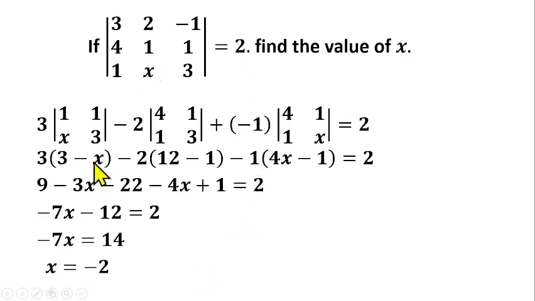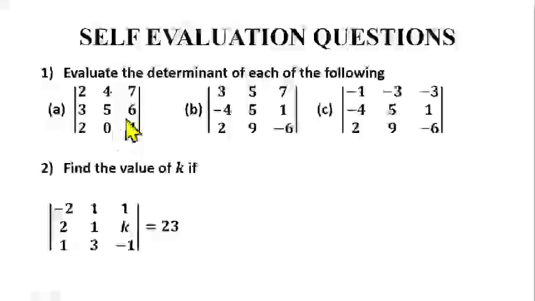So that is one of the implications, or one of the uses, of the determinant of a 3 by 3 matrix. If you understand how to find the determinant of a 3 by 3 matrix, these are questions for you to attempt by yourself. You have to find the determinant of this 3 by 3 matrix, find the determinant of this, then find the value of k here using the determinant of the 3 by 3 equals 23.